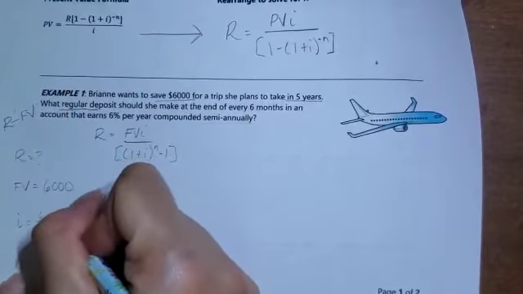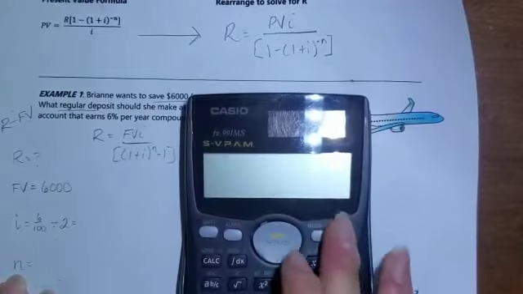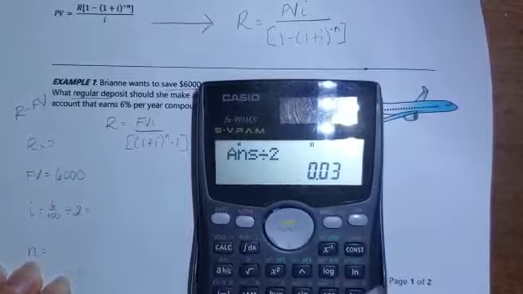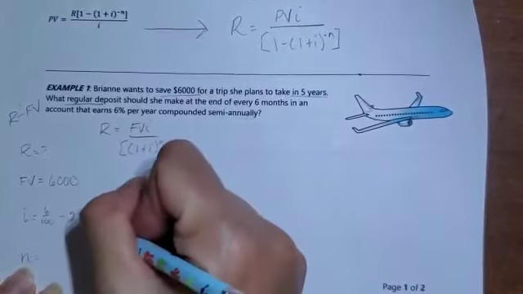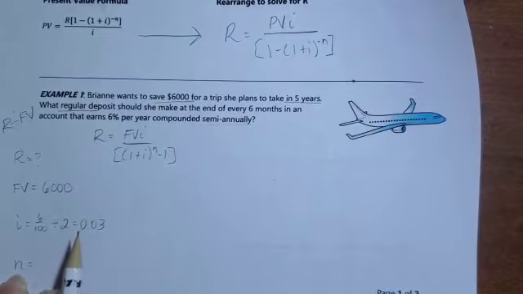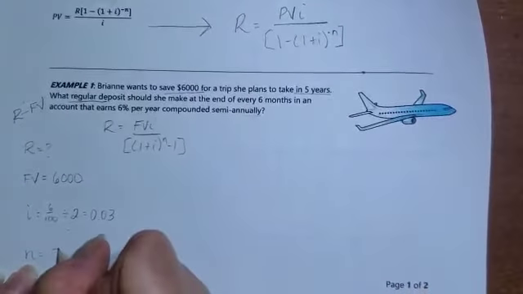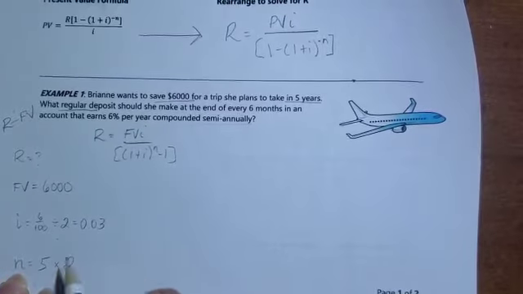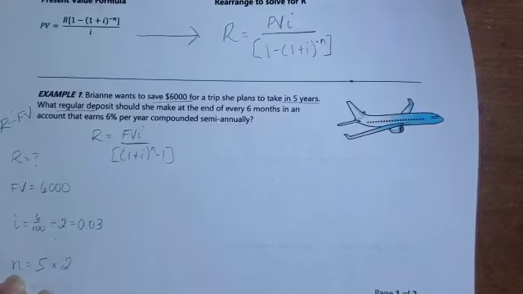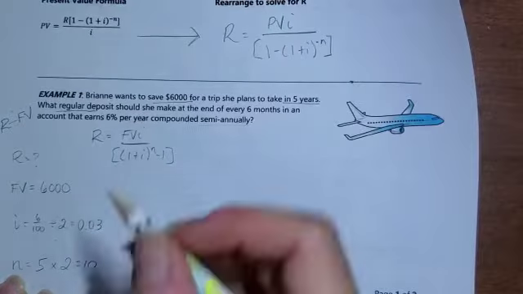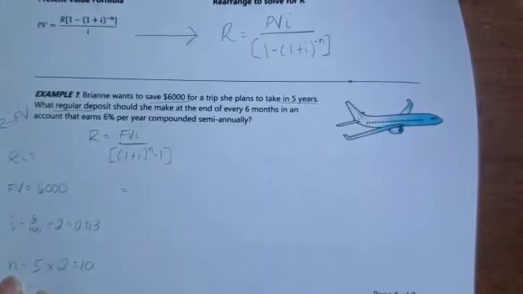Semi-annually, so it's 2. So 6 divided by 100 divided by 2 is 0.03. It's a trip that she wants to take in 5 years, so it's a 5-year savings plan, being compounded twice a year. So we will have 10 payments.